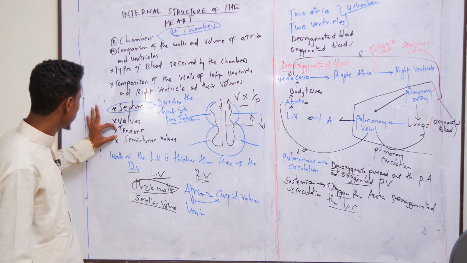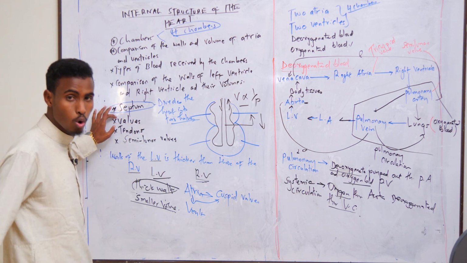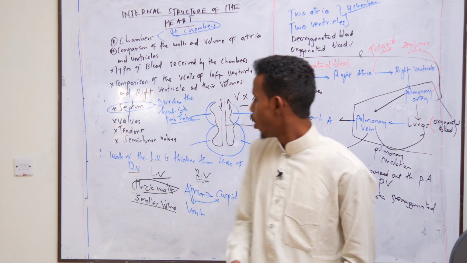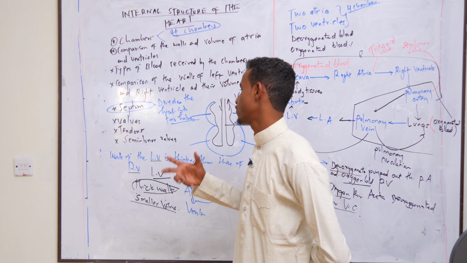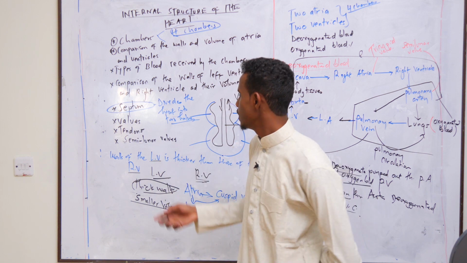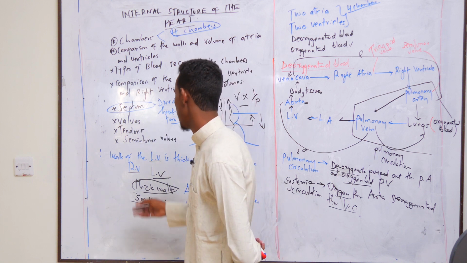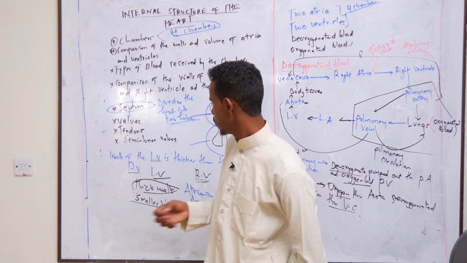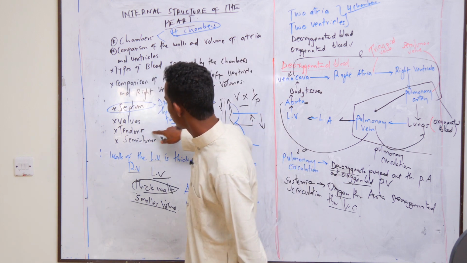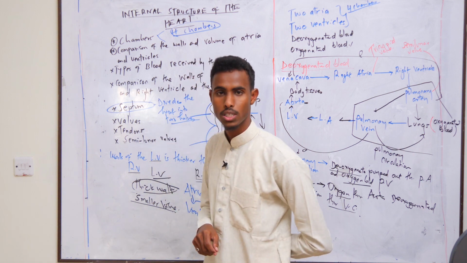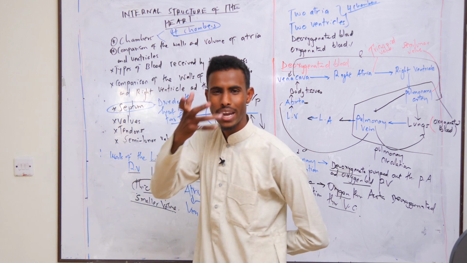Again, we have tendons. These are the ones holding the valves into the walls of the ventricle. What do they prevent? They prevent the valves from turning inside out when under pressure.